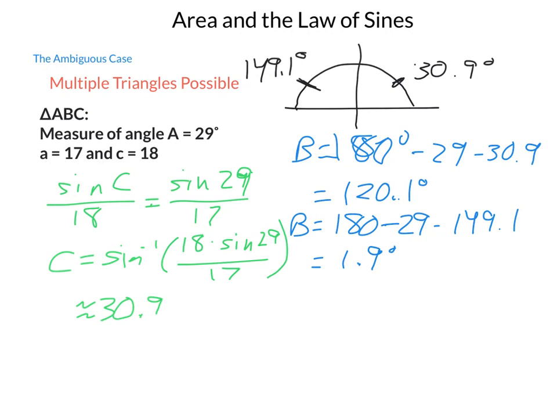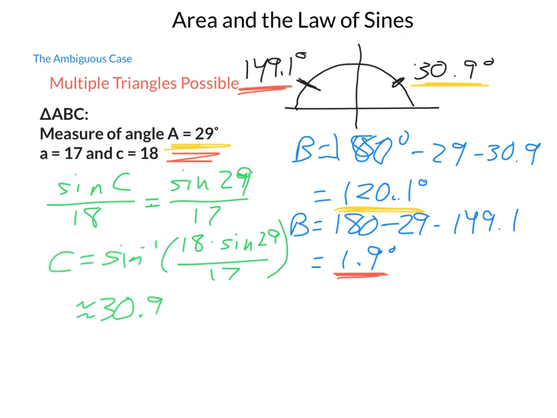Highlighting them into the same sets here, I can say angle A is 29, angle C is 30.9, and angle B is 120.1. Or it might be possible that I'm looking at angle A being 29, angle C being 149.1, and angle B being 1.9. Okay? Both triangles are possible.